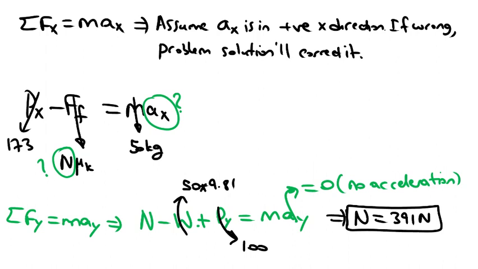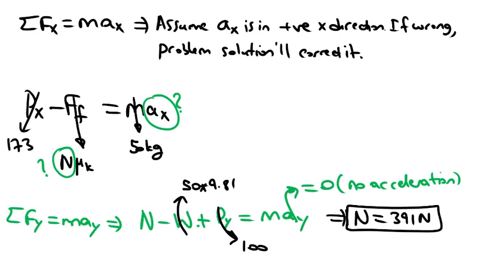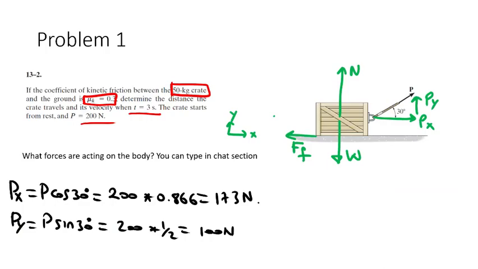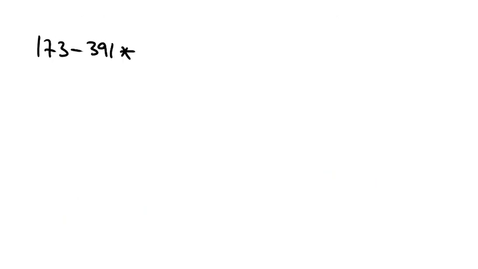So we know N, we know mu k, and we can find ax. That will be 173 minus 301 times mu k. In the problem statement, mu k is 0.3, so 173 minus 301 times 0.3 will be equal to 50 times ax.